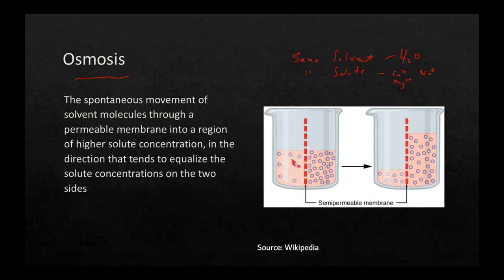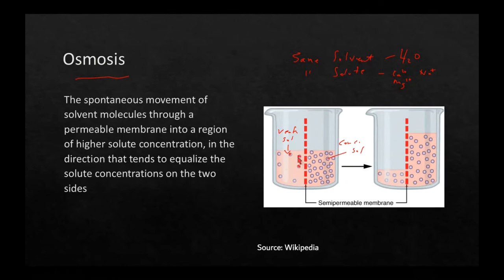What you'll notice is we've got fewer impurities on one side of the membrane than on the other side. So here we've got a concentrated solution, and over here we've got a weak solution. And the miraculous thing is this.